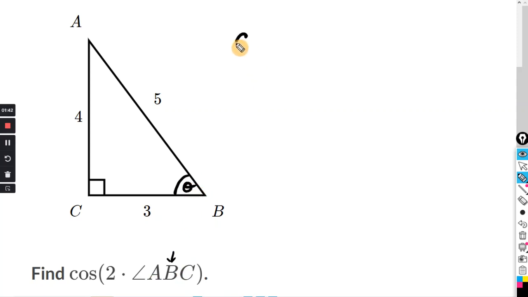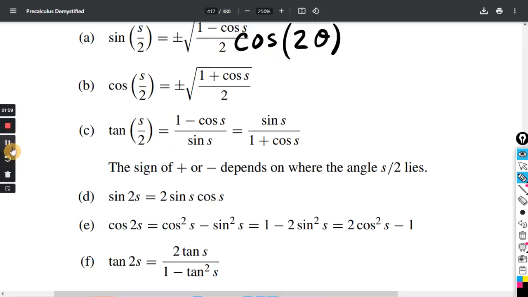So we are trying to find the cosine of 2 times theta, or 2 theta. We could look up the double angle formula for the cosine, and you can see right here the double angle formula for the cosine of 2 times s, or 2 times theta, same thing.